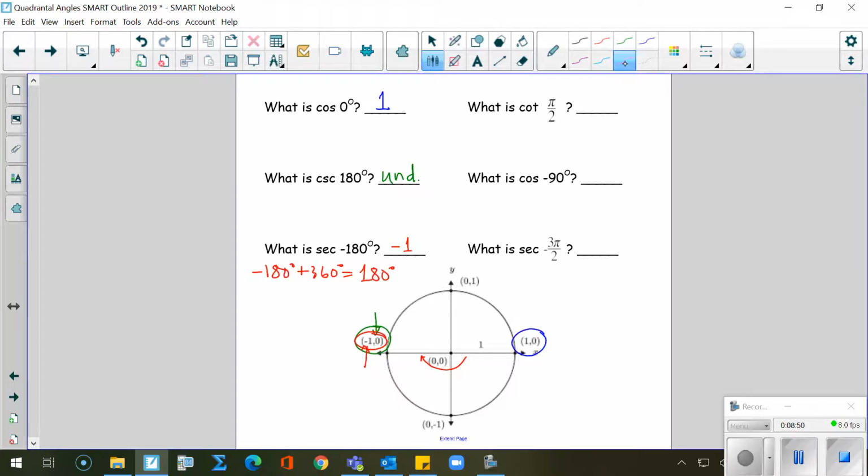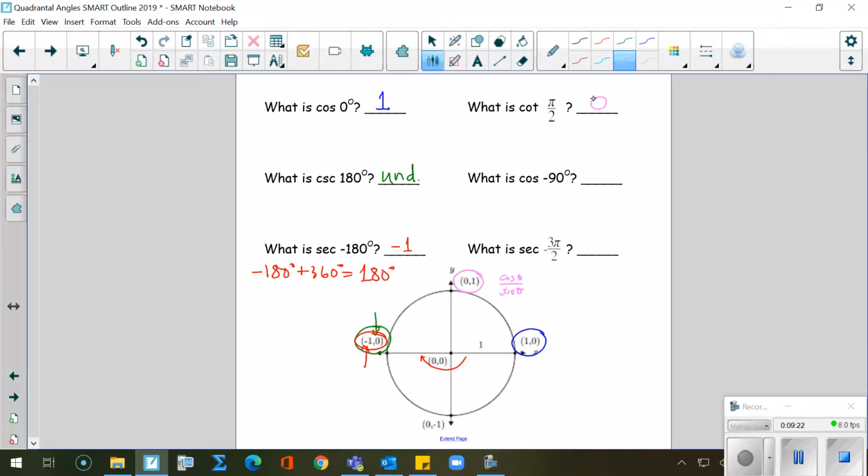What about the cotangent of pi over 2? Pi over 2 is right here. Cotangent is cosine over sine, which would be x over y, 0 over 1 is 0.